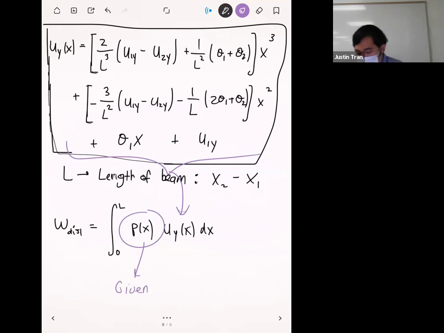All you have to do is multiply these two functions and then integrate. That gives you a really long integral to do. Then when you set that equal to work nodal, this equivalence allows us to solve for f1y, f2y, m1, and m2.